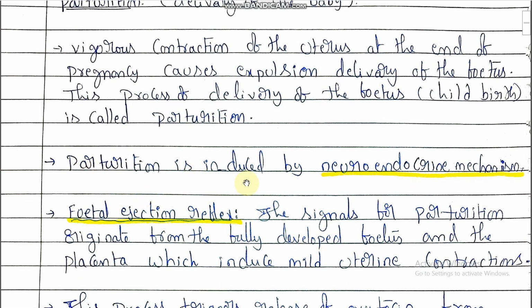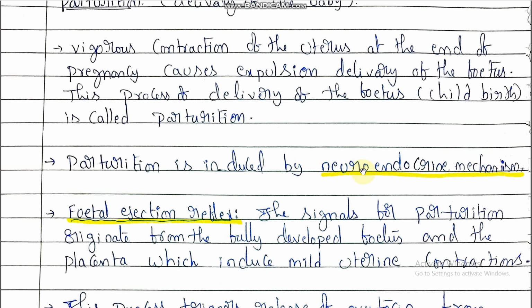So parturition is induced by a neuroendocrine mechanism. How are the uterus walls going to contract? The myometrium walls of the uterus contract under the control of a neuroendocrine mechanism.